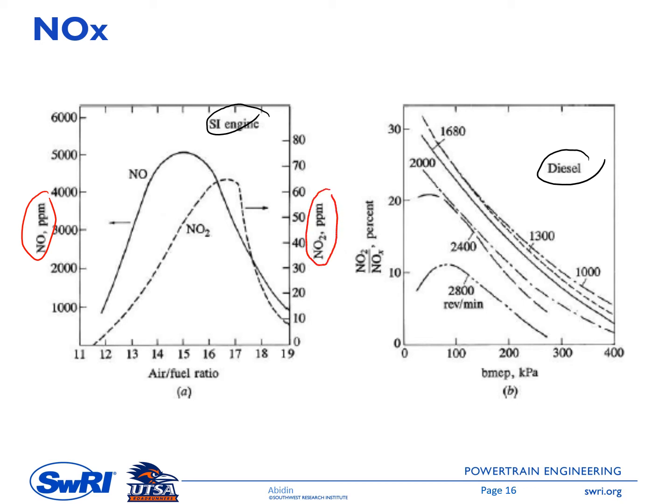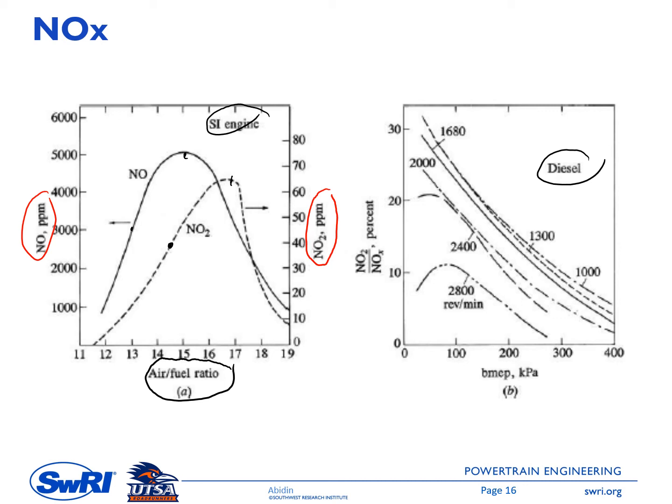The solid line is for NO and the dashed line is for NO2, as a function of air-fuel ratio. They are maximum at a certain air-fuel ratio. For example, at an air-fuel ratio of 15, we have a very low NO2 to NO, around 2%.